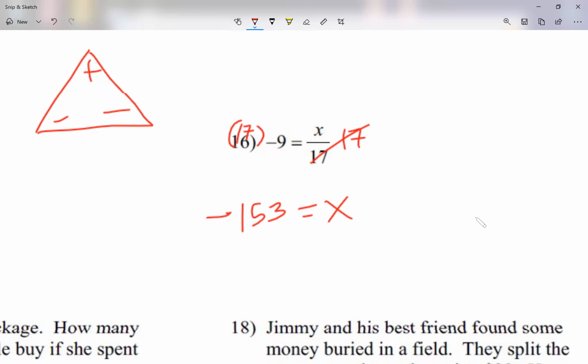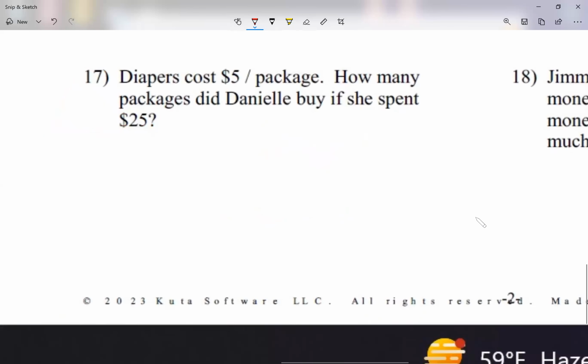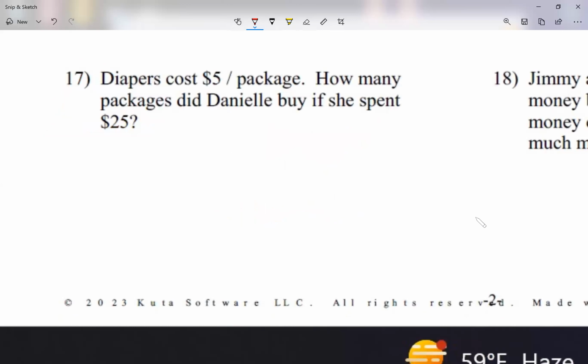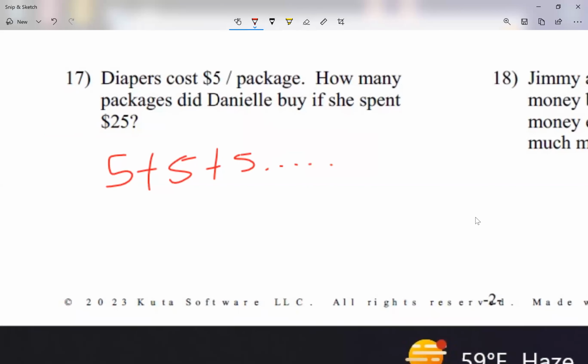Same idea if I give it to you guys in words. Let's take a look at number 17. The diapers cost $5 a package. So I'll go buy some diapers for $5 a package. How many packages did Danielle buy if she spent $25? So I can do the long way: 5 plus 5 plus 5, on and on, until I reach 25.